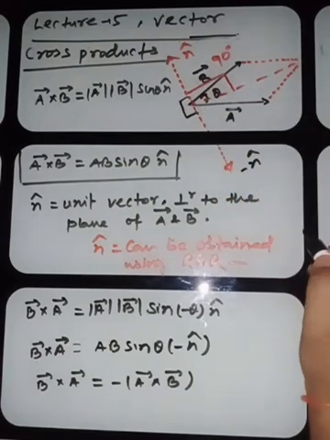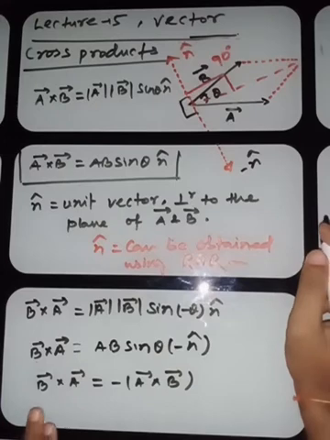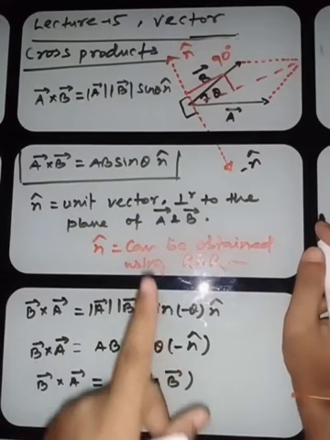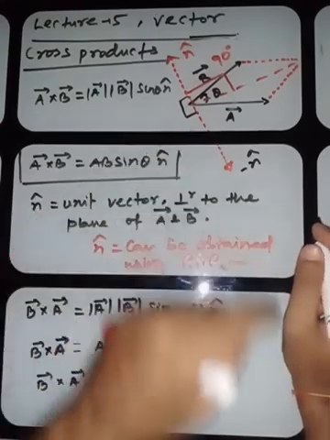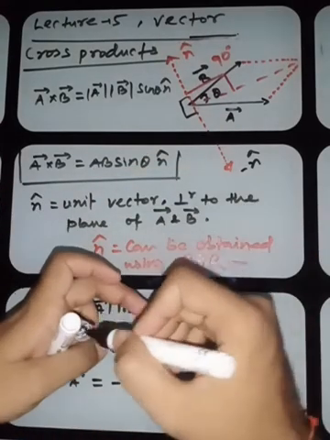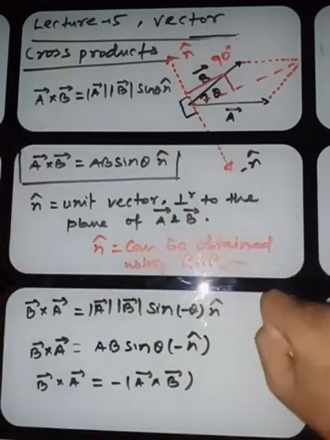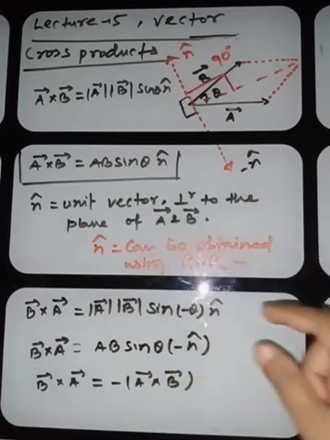It will be 180 degrees. So if someone asks what is the angle between B cross A and A cross B, the answer will be 180 degrees. You can see by the diagram. Now our next aim is to know why this n cap is in the upward direction and minus n cap is in the downward direction.